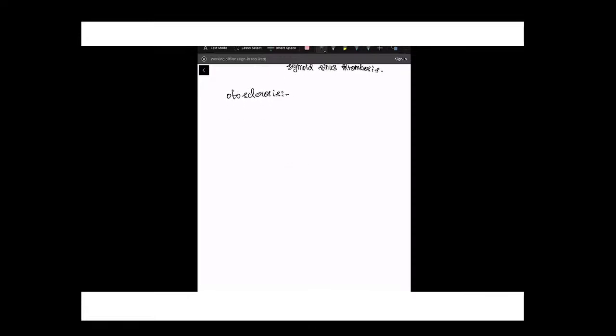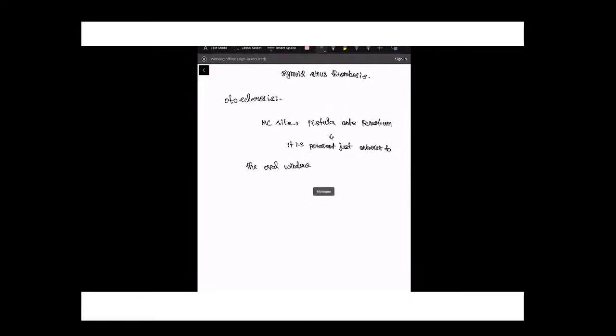Next we go for otosclerosis. Most common site, fissula ante fenestram. It is present just anterior to the oval window.